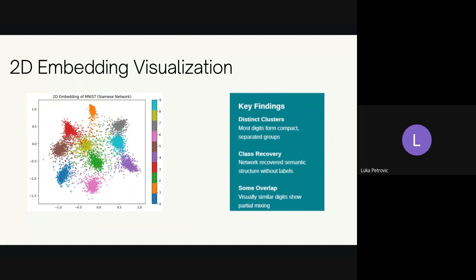We can look at what emerged here. We see distinct, well-separated clusters, and each cluster corresponds to a different class. So we see spontaneous organization of the data, and this is purely by learning on similarity.